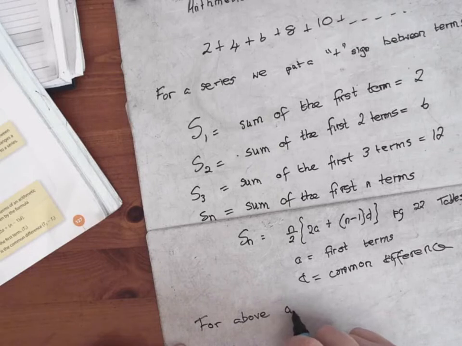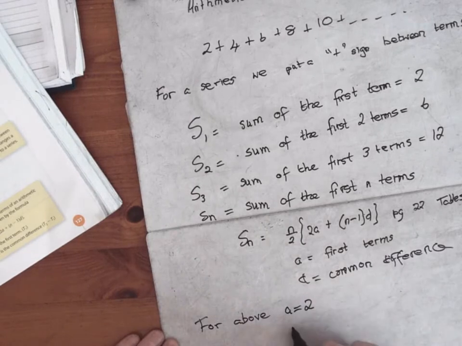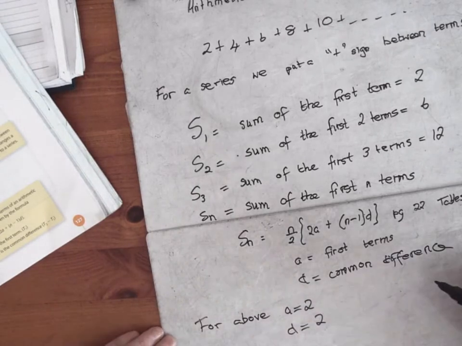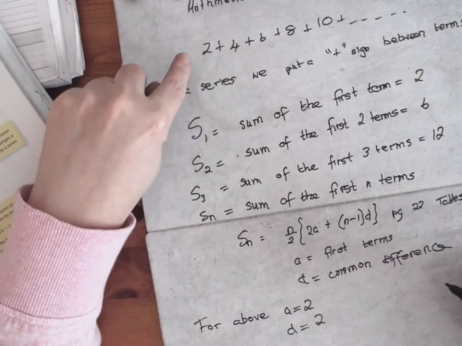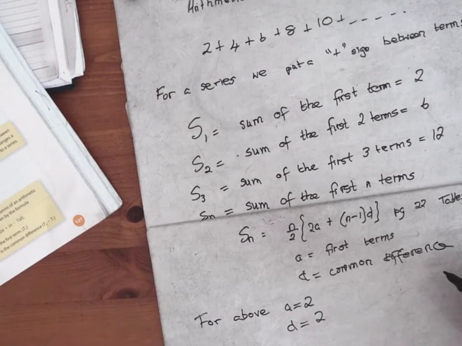And d is the common difference, what you're adding on each time. So d is also 2, because you're adding on 2 each time to go from 2 to 4 to 6 to 8 to 10, etc.